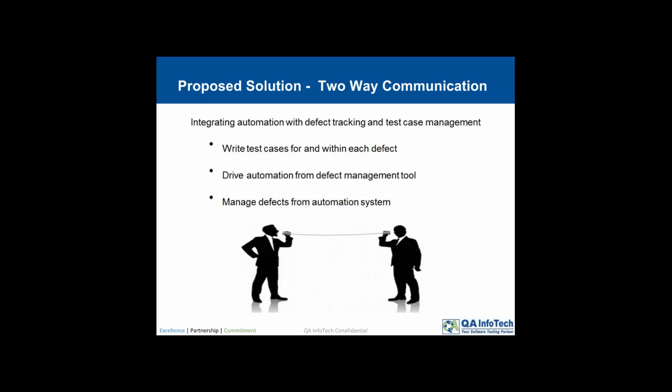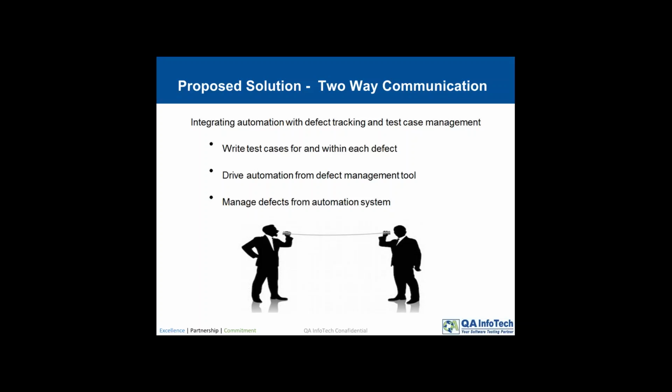In general, we write test cases for each and every defect that is there on the defect tracking tool. Once we have created a user story for each defect, we can start driving the automation from the defect management tool itself, because the automation script is capable of reading the user stories available on the defect tracking tool and converting those acceptance criteria into scenarios which are readily executable by the automation scripts.